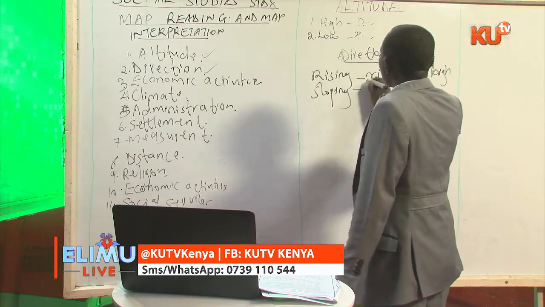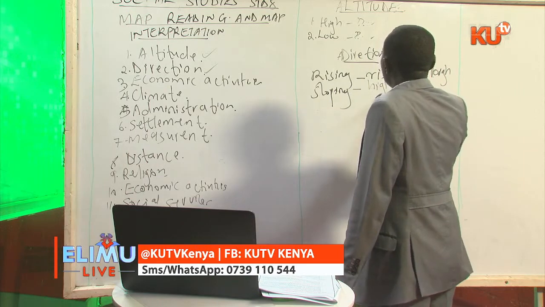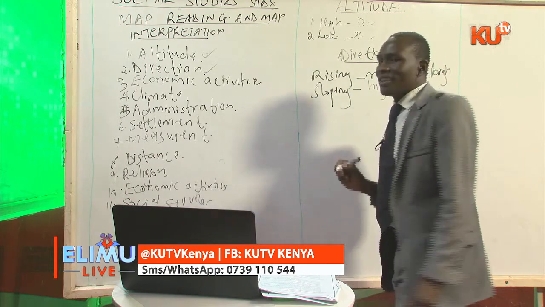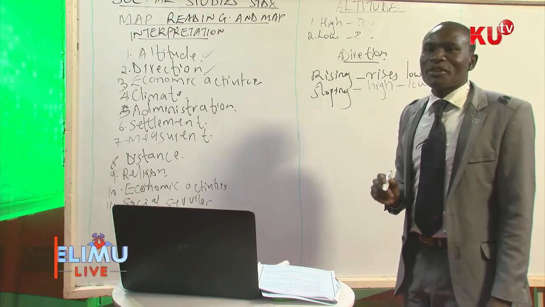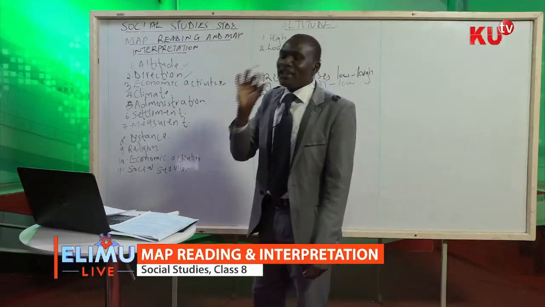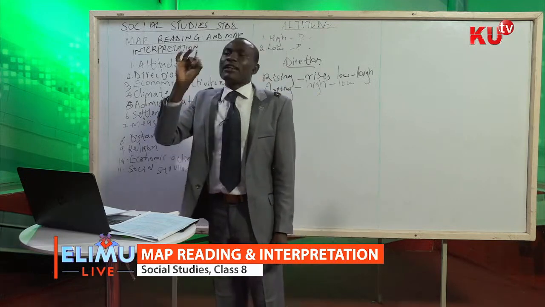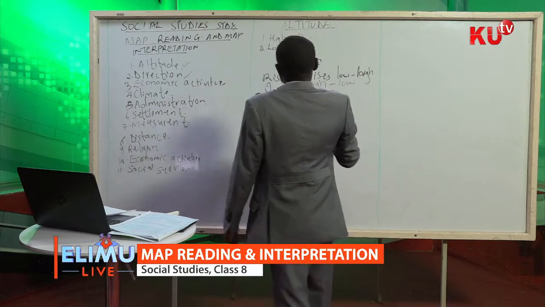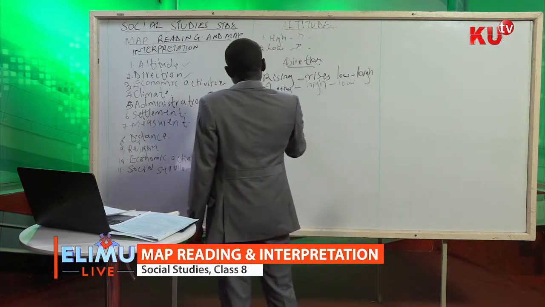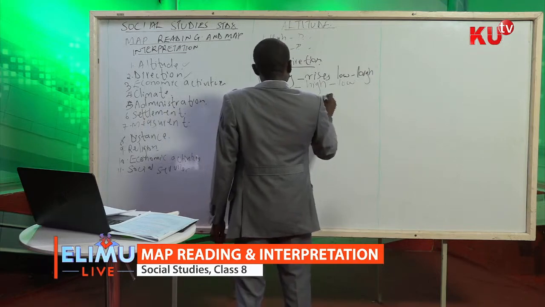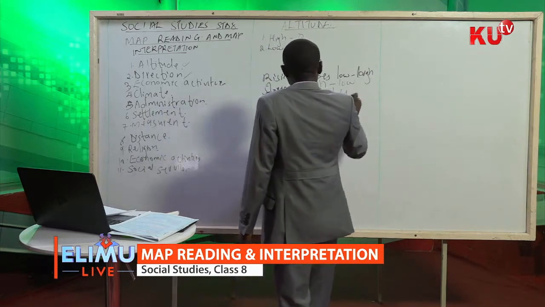Land slopes from an area of high altitude to an area of low altitude. That's about direction. Also, under direction, the examiners have been asking about the rising or the flow of a river.